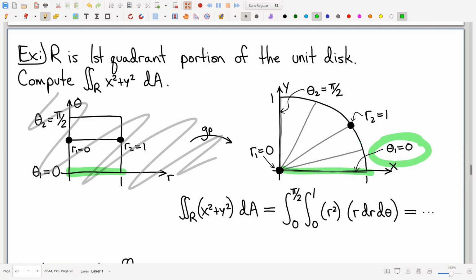From thinking about what these theta slices look like, I can see that this first theta slice is clearly going to be where theta is 0. And just as easily, I can see my last theta slice over here in XY world. That's pointing in the pi over 2 direction. And so my last theta slice is pi over 2.